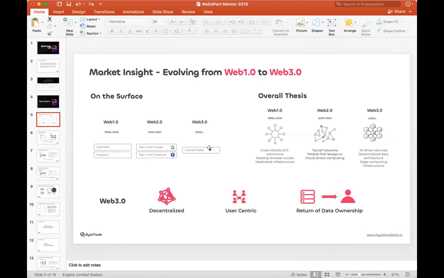But the overall thesis is that Web 1 is more open, and people can own their data. In Web2 that's not possible, and Web3 is users regaining their power to own data. So the main keywords for Web3 would be decentralized, user-centric, and returning data ownership to users.